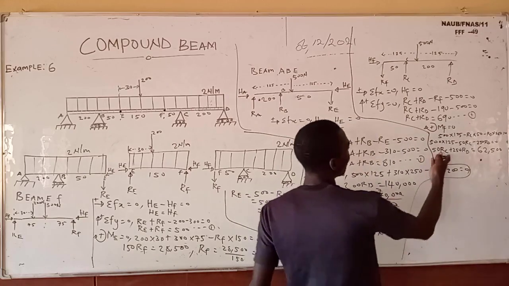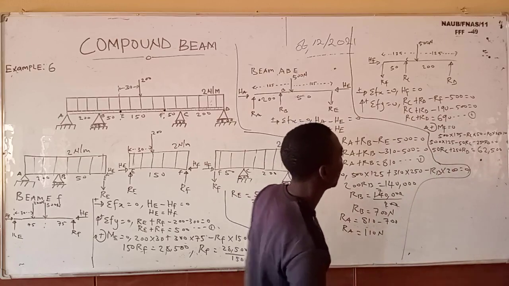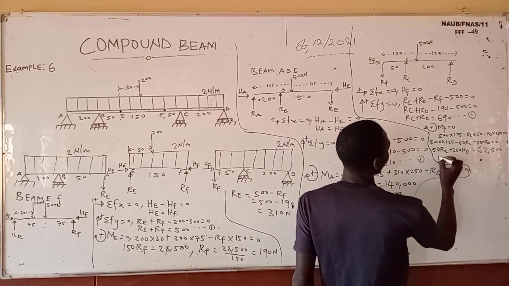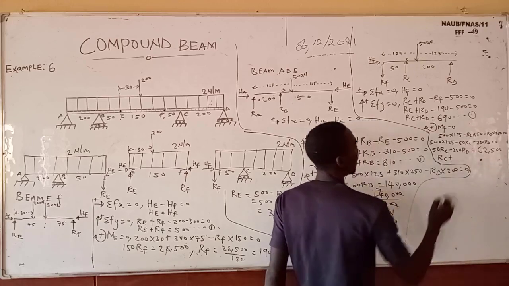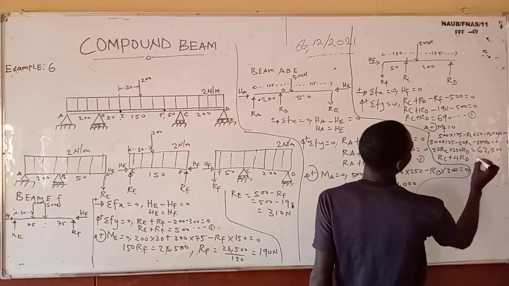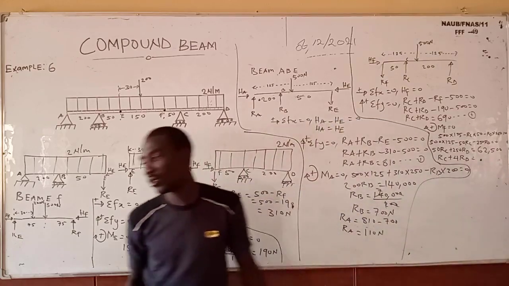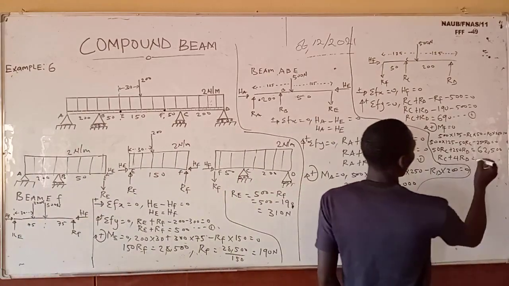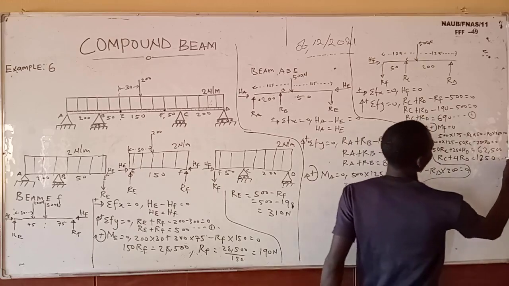But you can see we can reduce this by dividing by 50. So if we do this, we can divide everything by 50. We are going to have ROC plus, 50 in 250, that is 4 ROD, equals 50 in 62,500, which is 1,250. Yes, equation number 2.